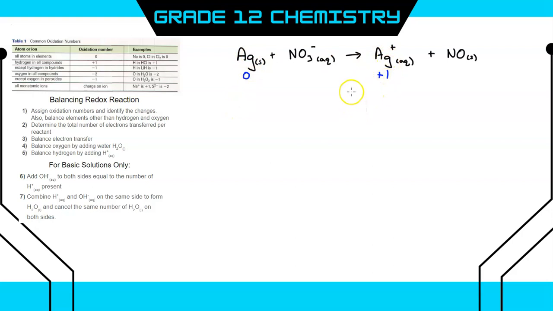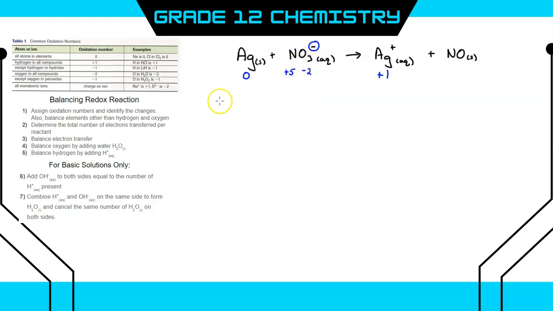All right, so I've assigned charges to both silvers. Let's do the same thing for nitrogen. So this oxygen has a charge of -2. And we have 3 of them. So that's a total of -6. Now the overall charge for the molecule is -1. So that means this nitrogen would have to have a charge of +5 in order for that to be true. Why is that? Well, let's look at this for a second.